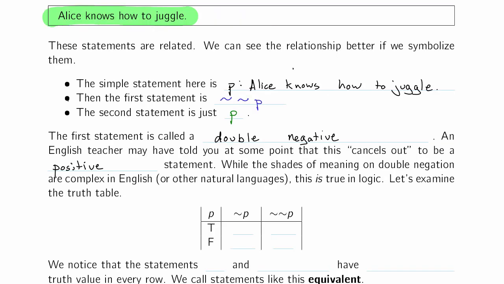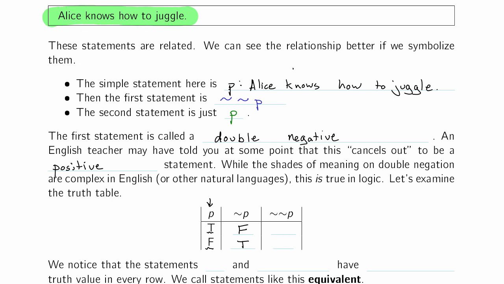So here we just have one simple statement, P. To negate that, I'll look at the column P and just take the opposite. When P is true, its negation is false. When P is false, its negation is true.